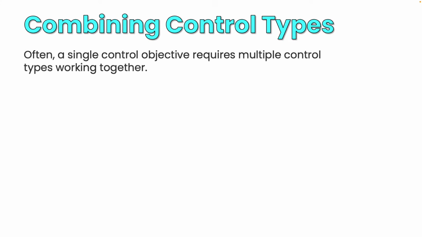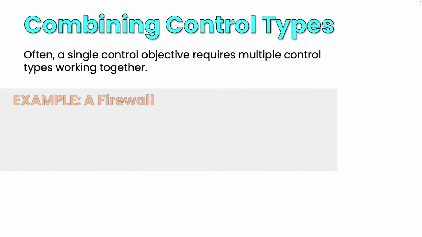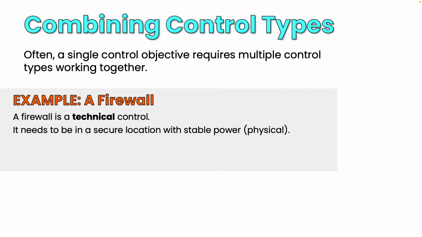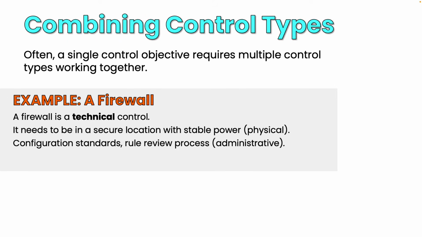And it's going to be normal that we'll combine control types. Often a single control objective requires multiple control types working together. So for example, we have a firewall. A firewall is a technical control. It needs to be in a secure location with stable power. That's going to be what we'd call a physical control. We need configuration standards and a rule review process. Anytime we ever touch the configuration of that firewall, we're going to call that an administrative control.